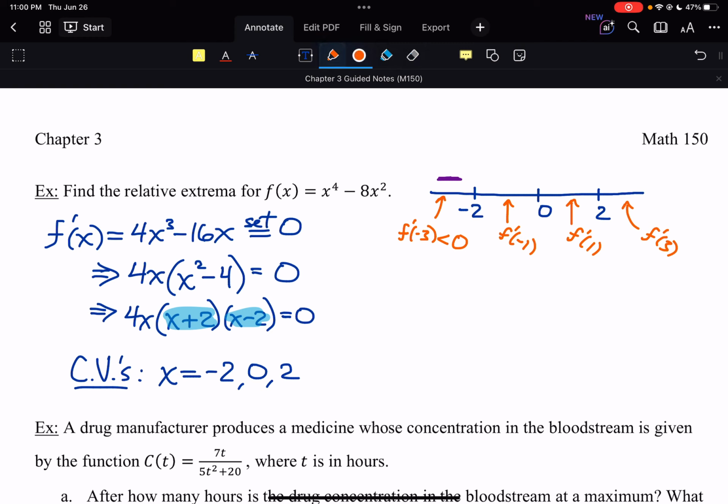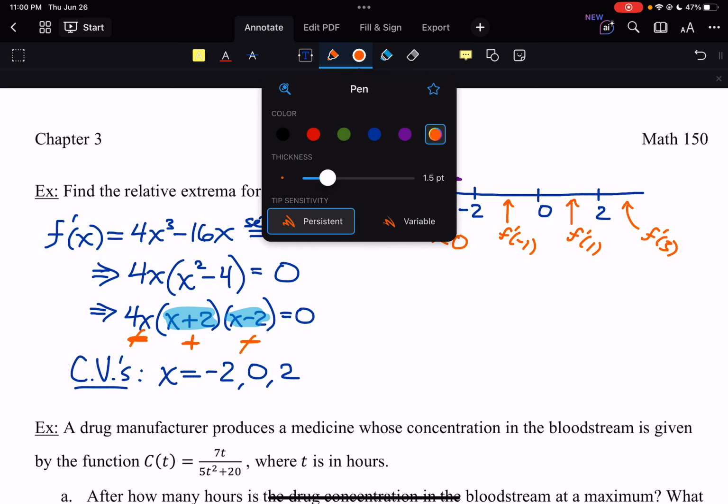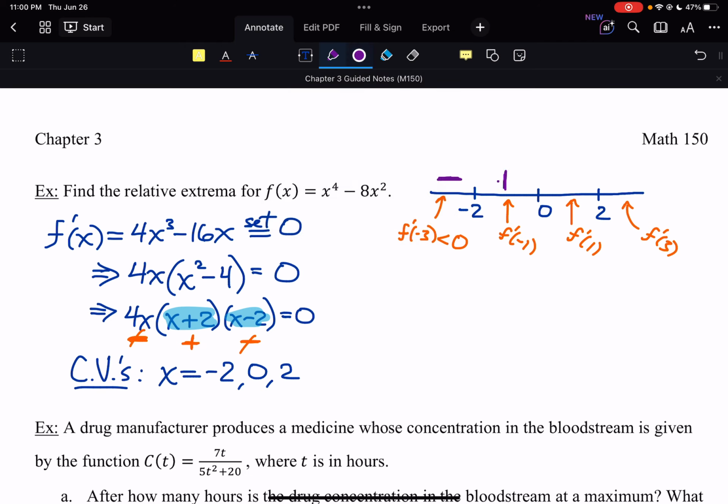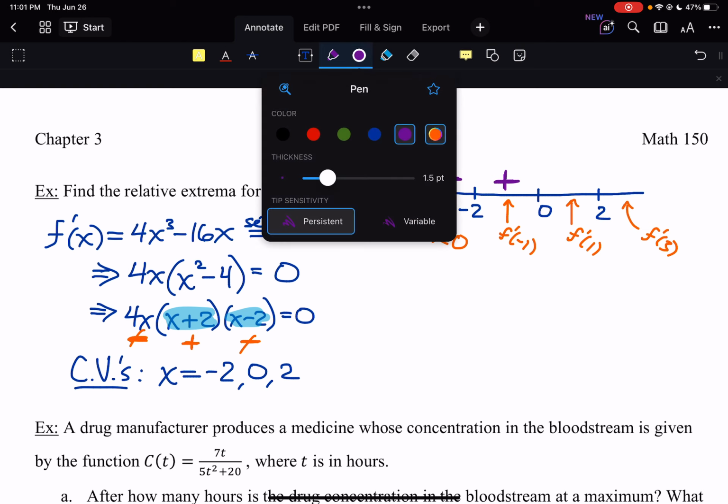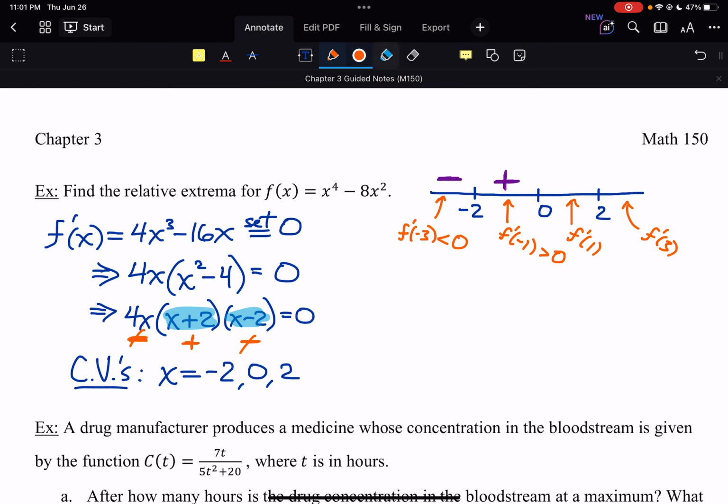And then we can do the same kind of thing. With -1, we get a negative, a positive, and a negative. Those negatives cancel, so that becomes a positive value. Okay, so that one's greater than 0. And then we can keep going.